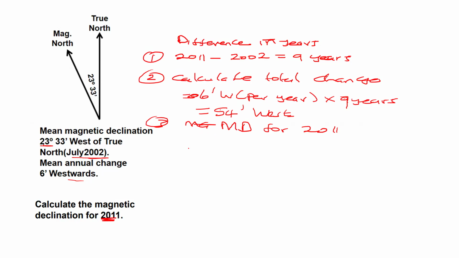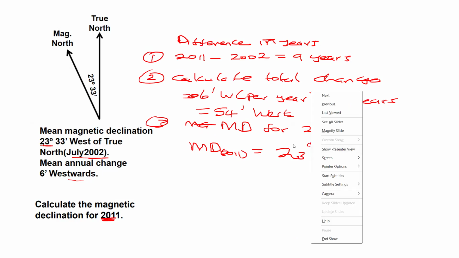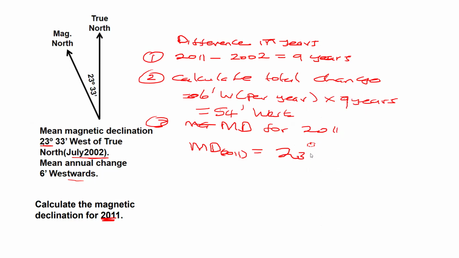Magnetic declination for 2011 will equal 23 degrees and then 33 minutes.